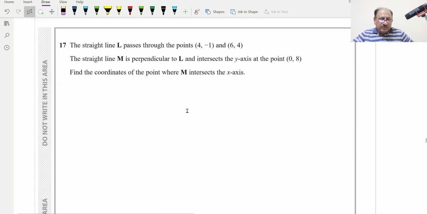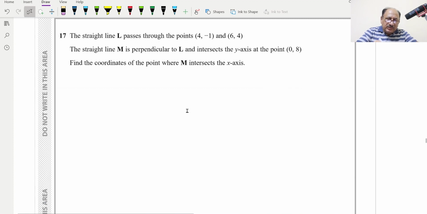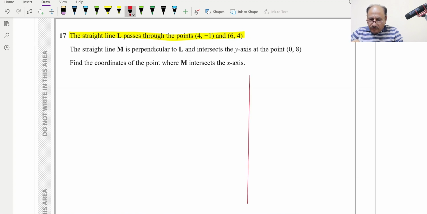Now question number 17. The straight line L passes through the points (4, -1) and (6, 4). So side by side we can draw the drawing also, so that you can understand the question as well as figure out what is going on. So we can draw the coordinate axes like this.